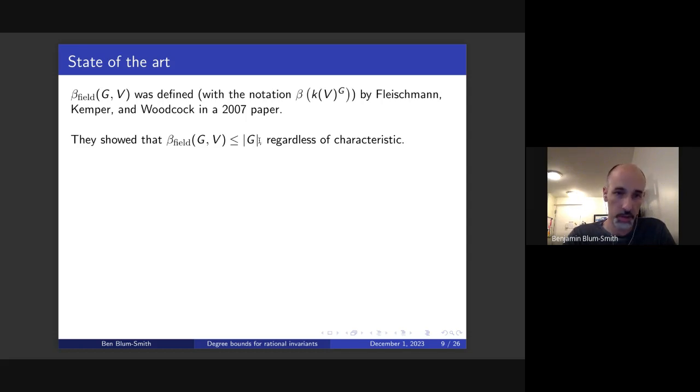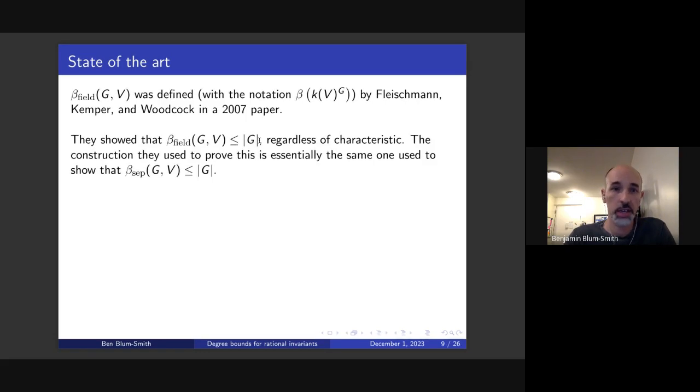So even for modular representations, where there's no a priori bound on the generation degree. And actually, the construction they use to prove it is very similar to the construction that's used to prove that the separating Noether number meets this same bound independent of characteristic. And these are related.